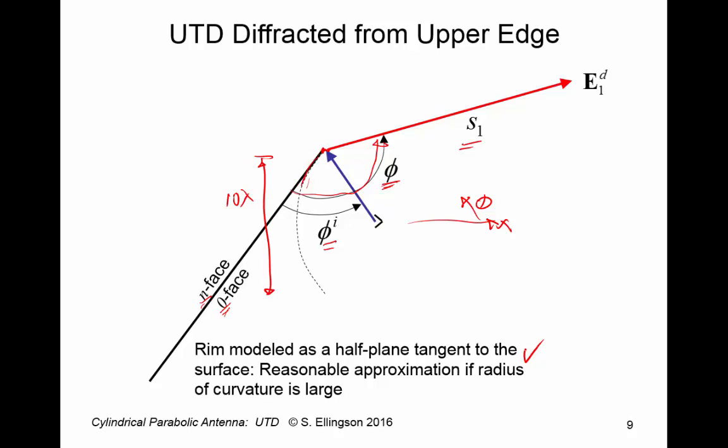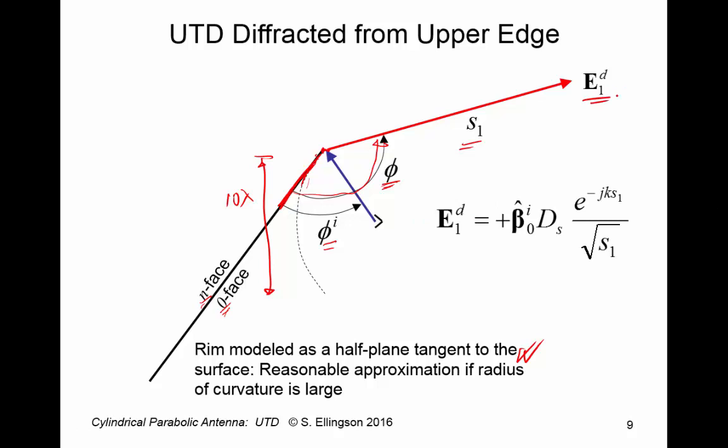So this is going to turn out to be a pretty good approximation to model the diffraction as if it's coming from a straight edge. Again, we could improve the result by actually taking into account the curvature, and we already have the expressions required to do that. But here we're going to try to keep it as simple as possible, and we'll make this approximation, and we'll see it really doesn't make that much of a difference in this particular case.